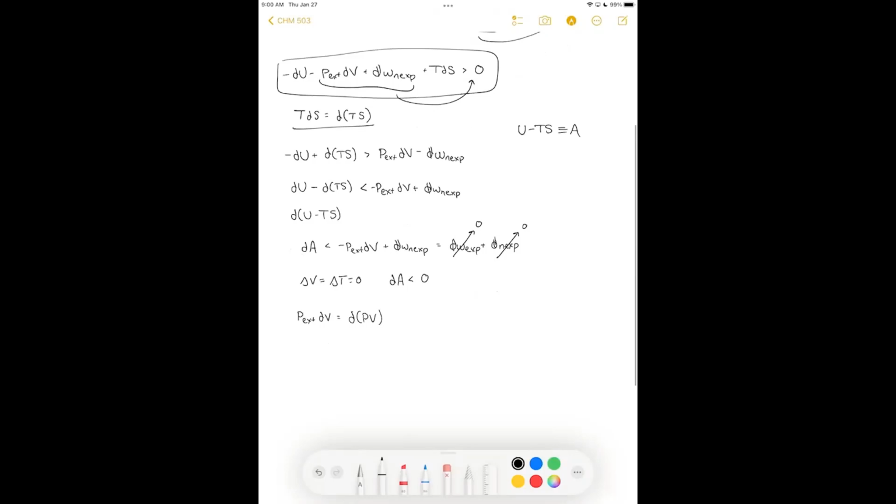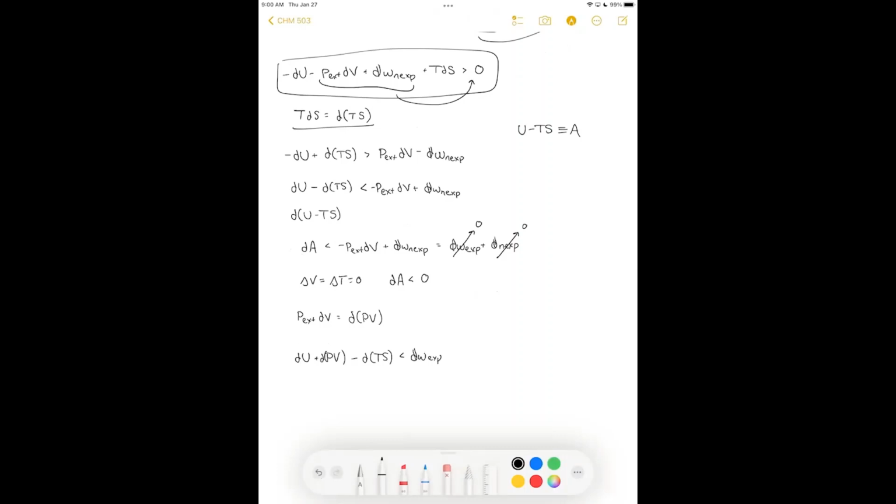And so in that case, what we'll end up getting is the following. We'll have that dU plus d(PV) minus dTS is less than the non-expansion work.